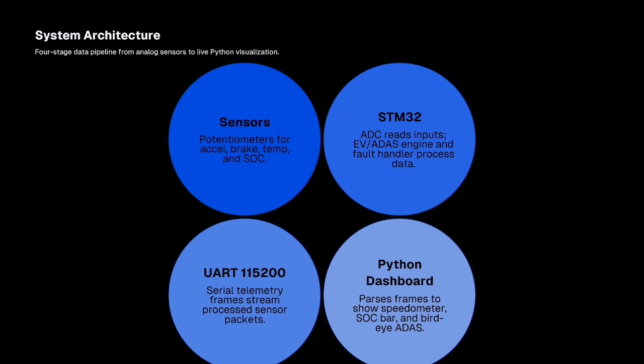Then finally, a Python dashboard is created where the data from the Bluepill board is given via the UART protocol, and the Python dashboard displays in a graphical manner the real-time speedometer values, the battery indicators, ADAS visualization, and live charts. The complete flow includes the sensors, then the STM32 ADC, then the processing of this data, then via the UART to the Python dashboard.